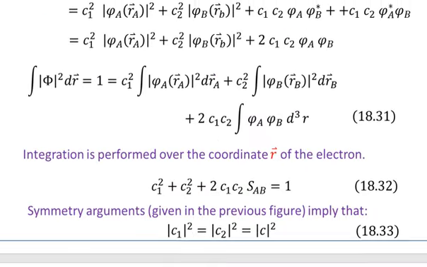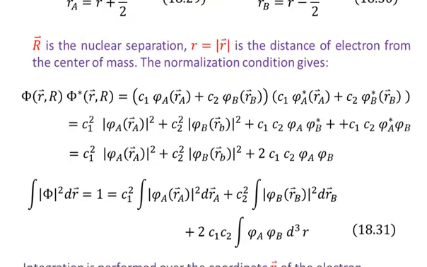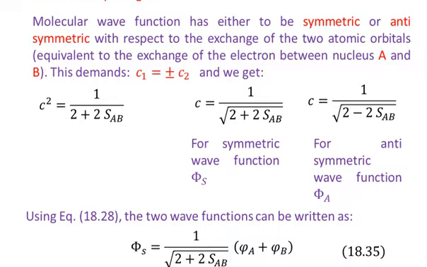For example, here we defined the wave function. You can substitute C1 and C2 in terms of this constant C, and then of course you can write the symmetric wave function and the antisymmetric wave function. And this constant, through the normalization process, will be given as C square is equal to 1 over 2 plus 2 times S_AB, and the square root of this will give you C is equal to 1 over the square root of 2 plus 2 times S_AB.